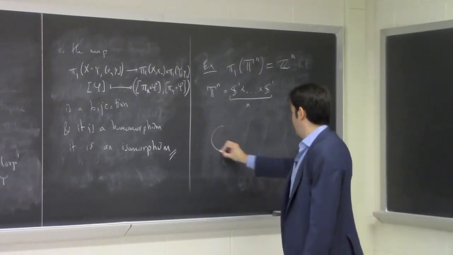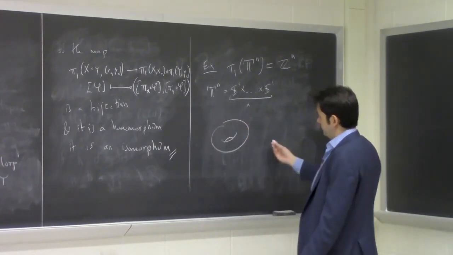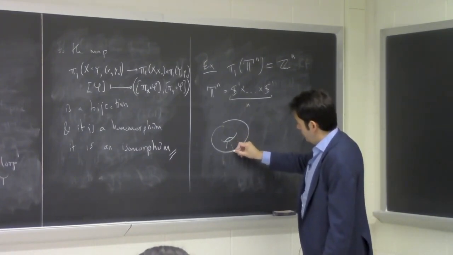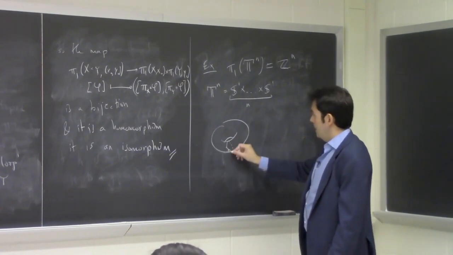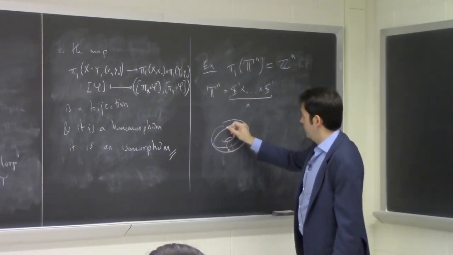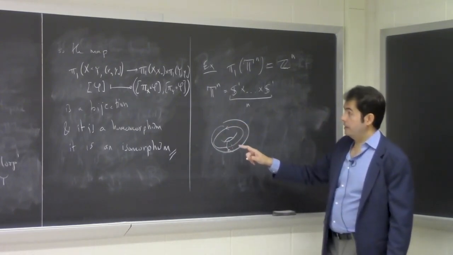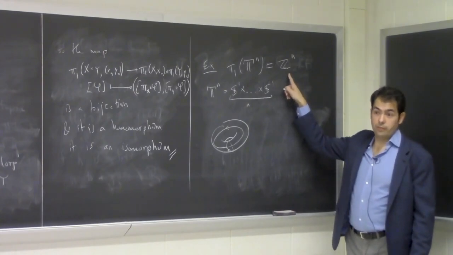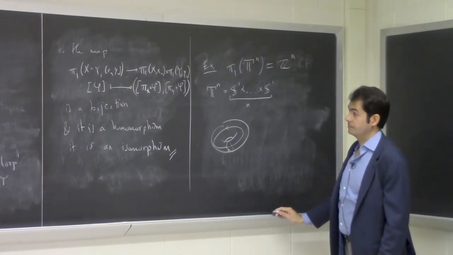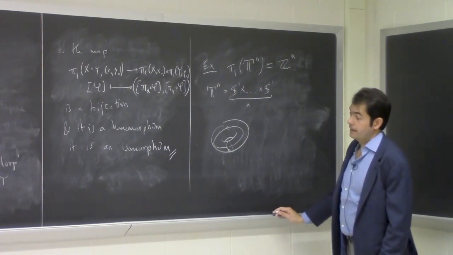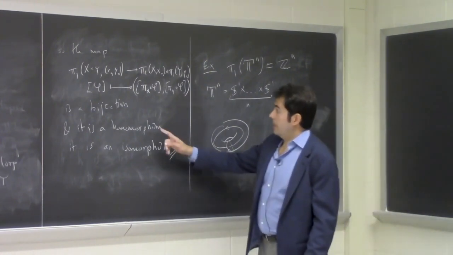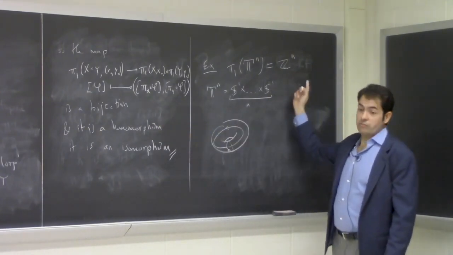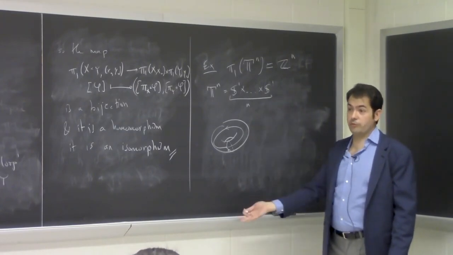So for example, for the two-dimensional torus, you have one loop that goes around here and one loop that goes around there. And these are generators of Z2, right? And by this proposition, it's just Z times itself. So it's a commutative group.